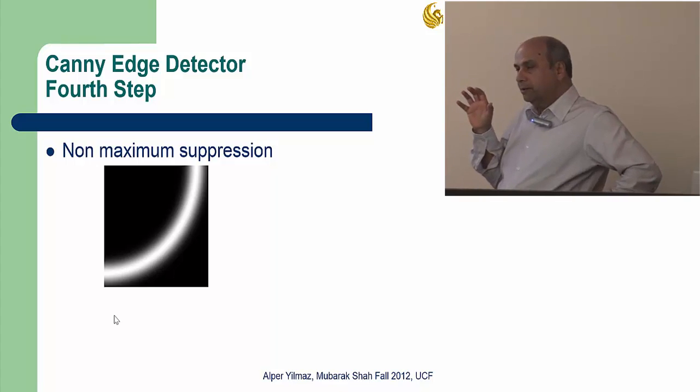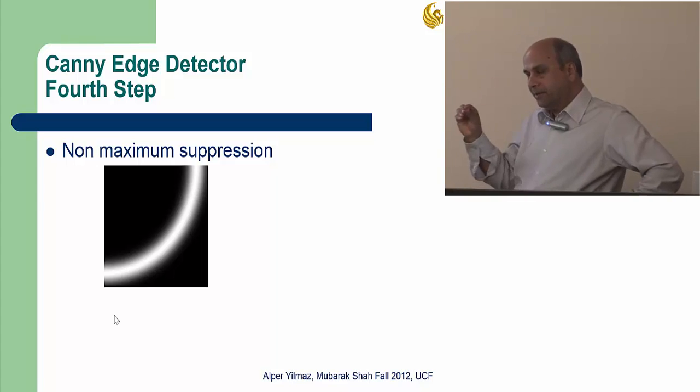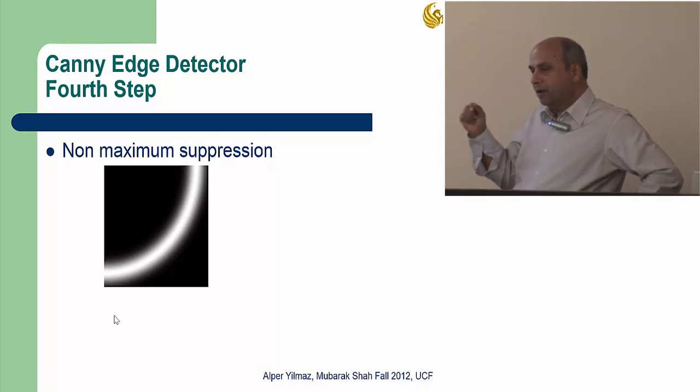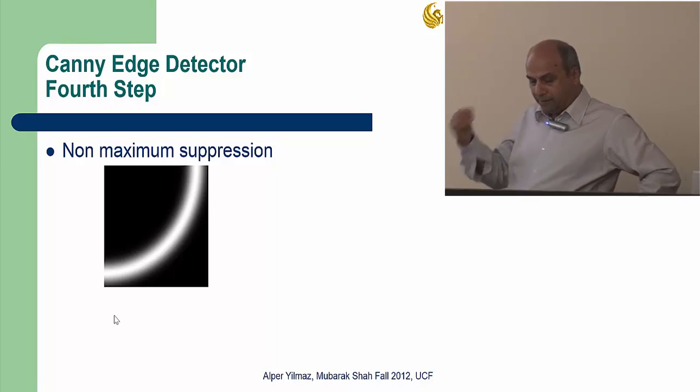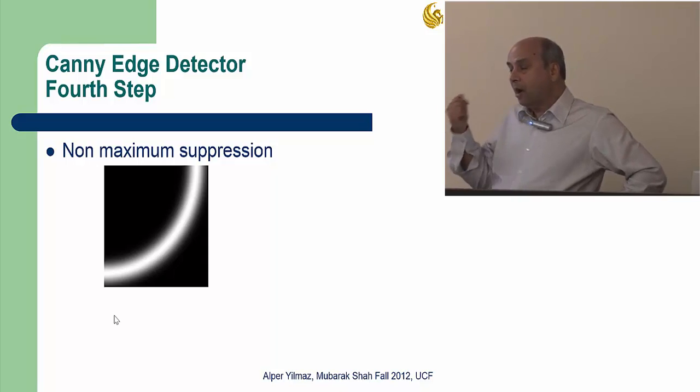If it is not, then we will suppress it. If it is not a maximum in the local neighborhood, then it's a non-maxima, and we are going to suppress it. Now the question is how we are going to look at it. It should be maximum in some direction, and that's where we use the direction of the edge, which is perpendicular to the gradient direction.